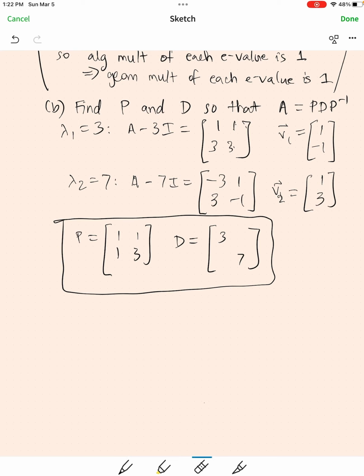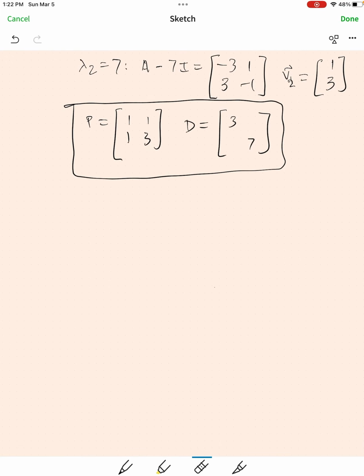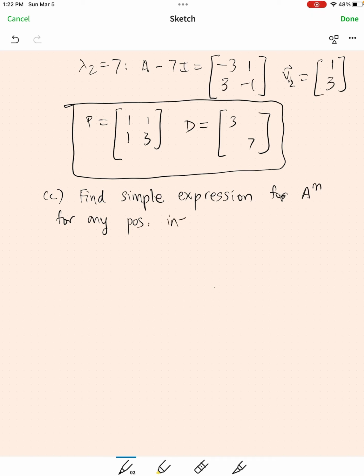And one more question says, find a simple expression for A to the m for any positive integer m.